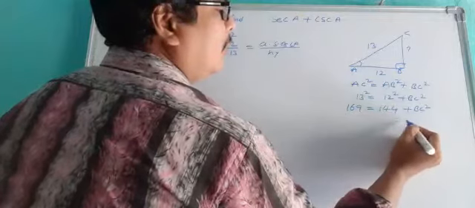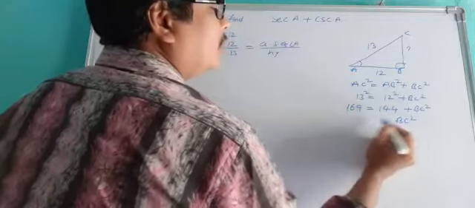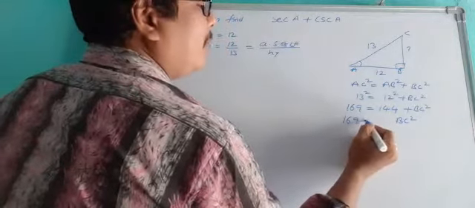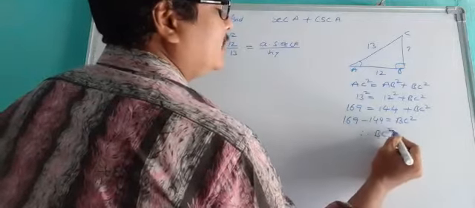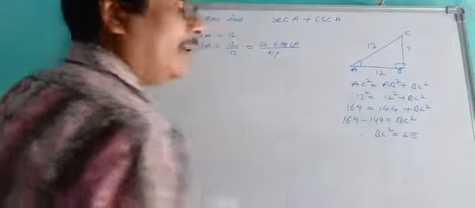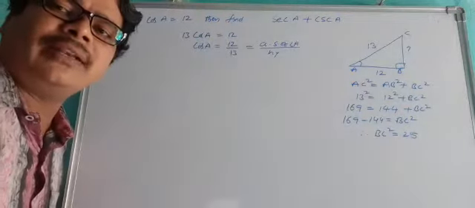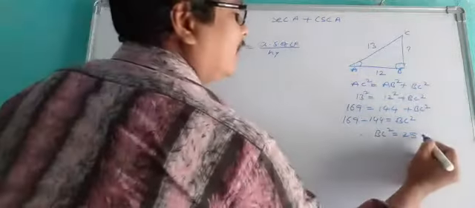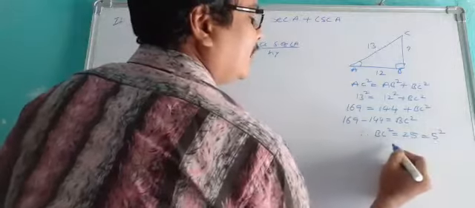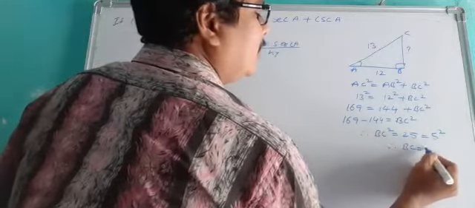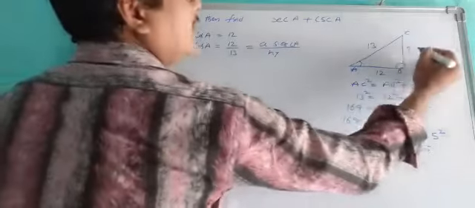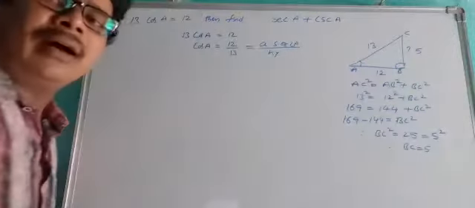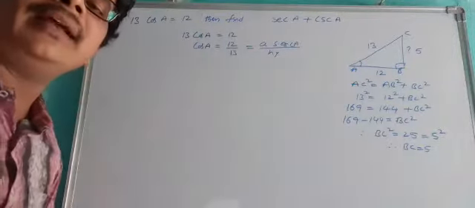So BC square equal to 169 minus 144, that is 25, which equals 5 square. Therefore BC equal to how much? 5 units. We got the other side of the right angle triangle, that is 5.